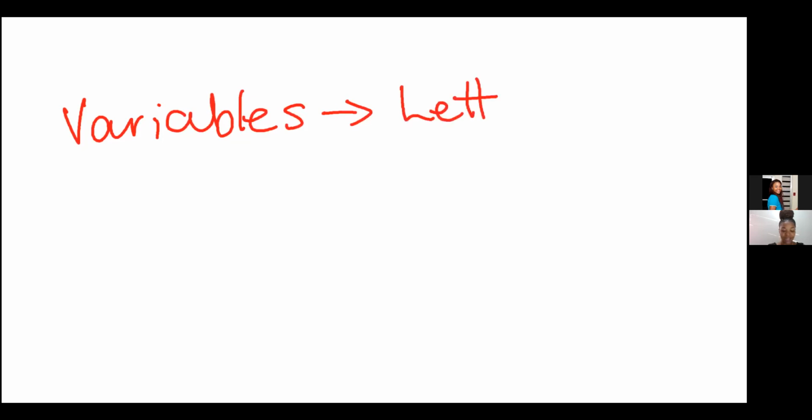Something for us to note, however, is that we can only add or subtract like terms. By like terms, we mean that our variables, which are our letters, must be exactly the same for us to add or subtract.